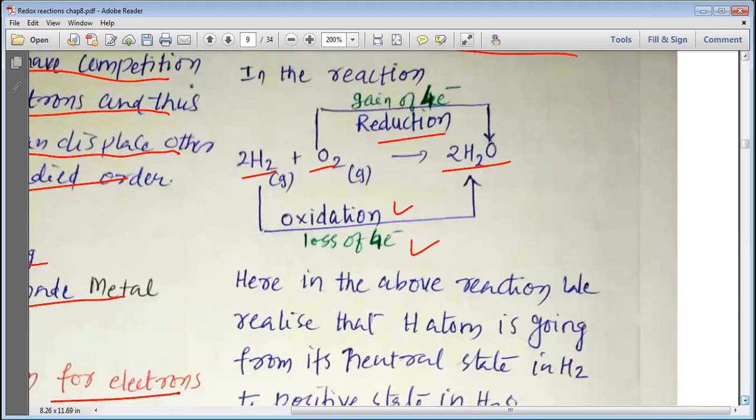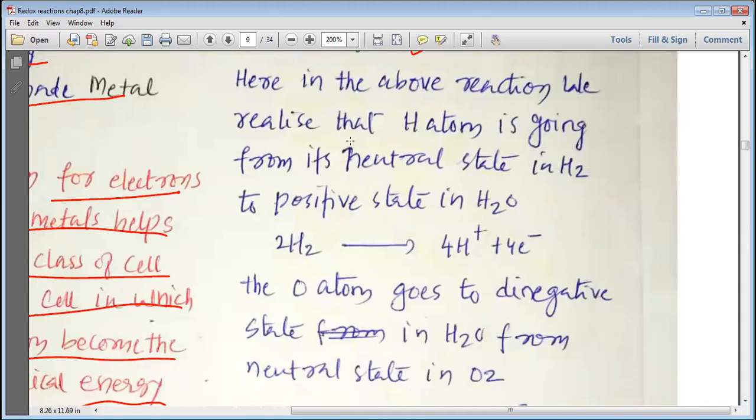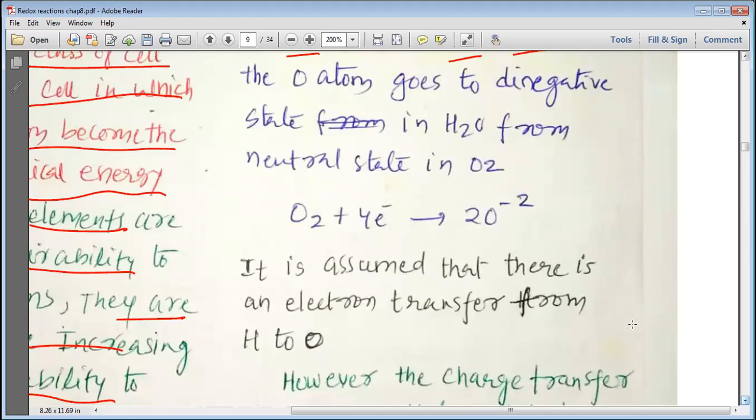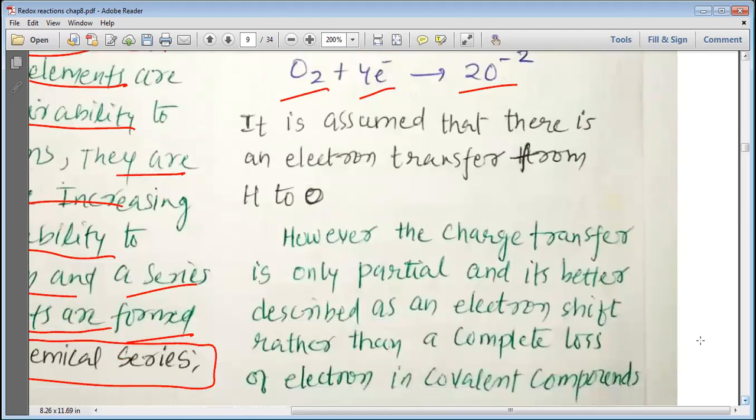So here in the above reaction, we realize that the hydrogen atom goes from its neutral state in H2 to a positive state in H2O. That is, 2H2 gives 4H+ plus 4 electrons. In the same way, the oxygen atom goes to the di-negative state in H2O from its neutral state in O2. So O2 gains 4 electrons and turns out to be 2O-2.